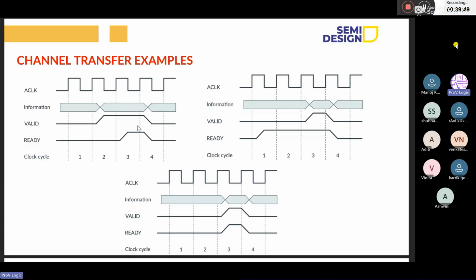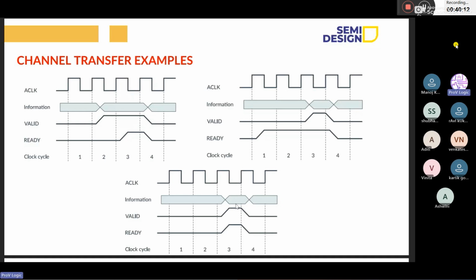Whenever valid is high and ready is high, then only we can do the write operation or read operation. Next, valid is low and ready is high. Even though ready is high but valid is not high, we cannot read or write the data.